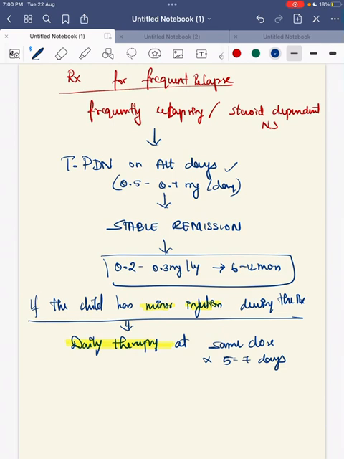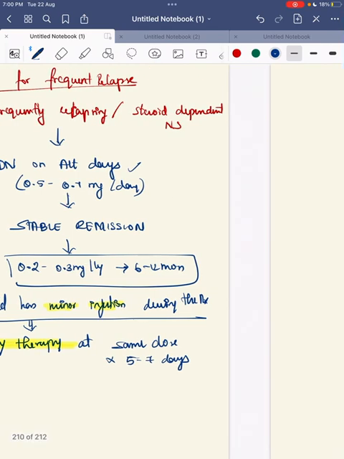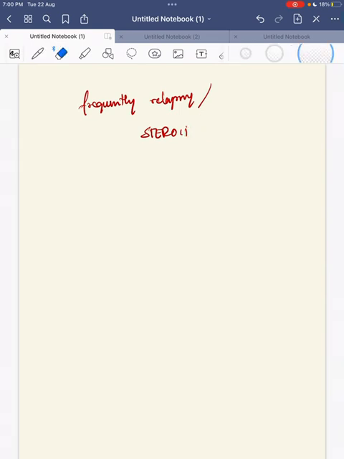Okay. Next, even with this dose, if the child is not getting remission, or the child is frequently relapsing, or the child is having steroid toxicity, then what do you do? The steroid toxicity I have told in the previous slide.